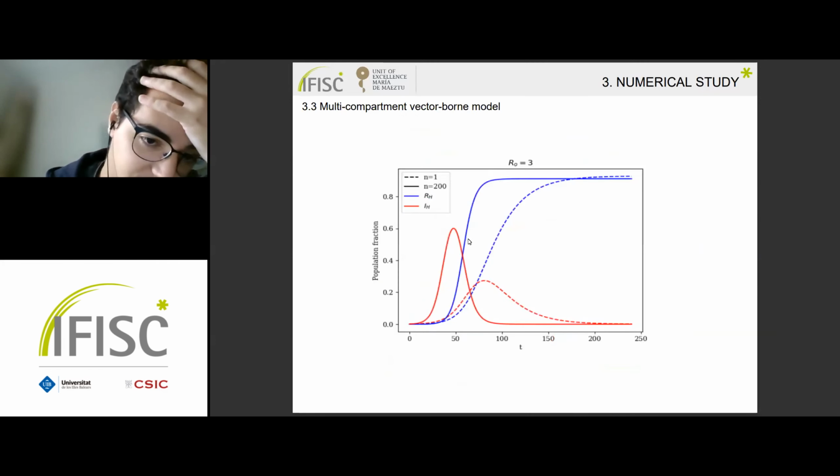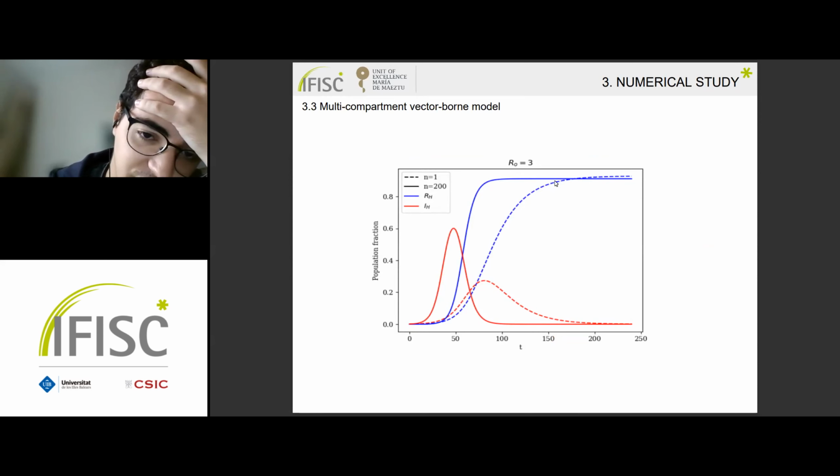Here we visually see more easily the difference in the dynamics as we increase n. So for the continuous, we are comparing again a single compartment case with a continuous case, and we observe in the continuous case much higher peak amplitudes and smaller peak times. And we observe something additional.